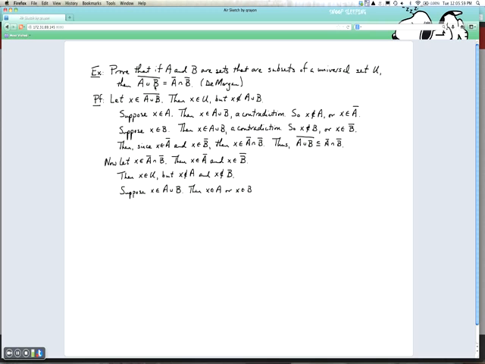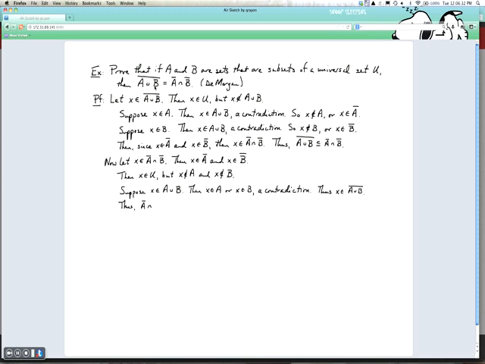Then X would be in A, or it would be in B. But I've just shown that it's actually not in either one of them. So this is a contradiction. Thus X is not in A union B. There we go.